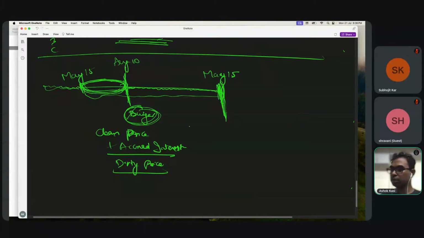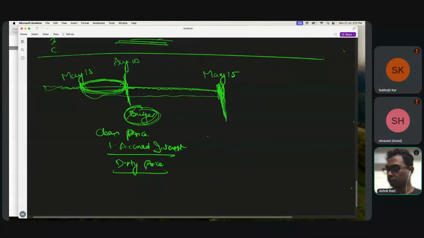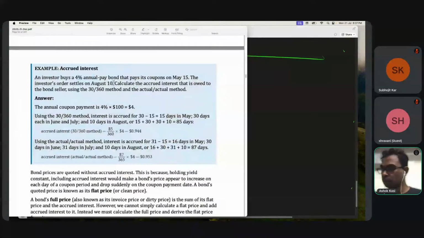So accrued interest, how will I calculate? See, coupon rate is 4%. So 4% is 4 by 100. 4% for how much? 100 rupees only. Now if nothing is mentioned, let's take 100.